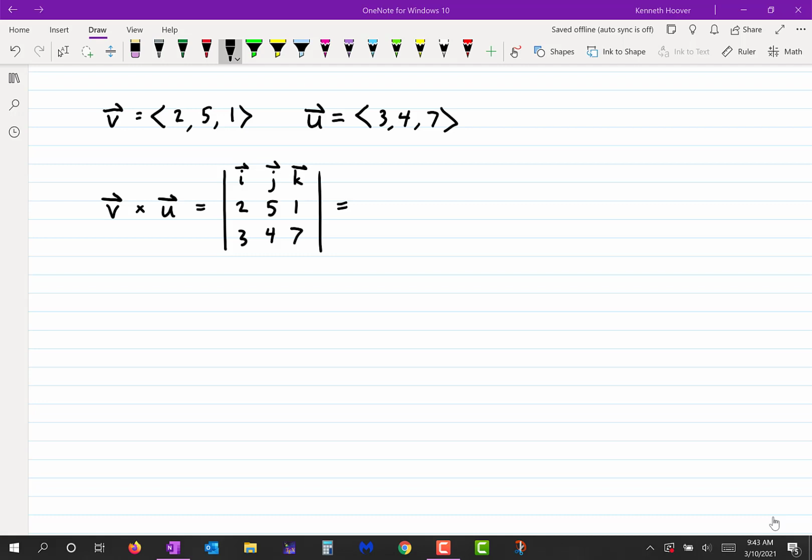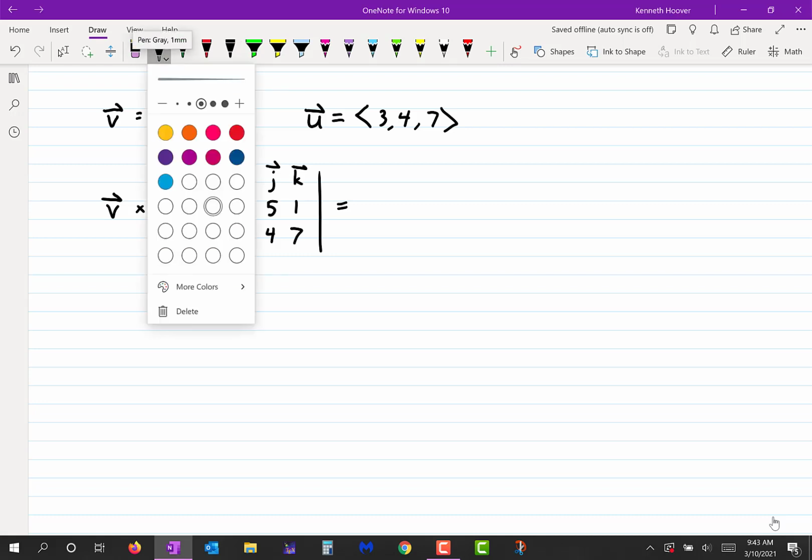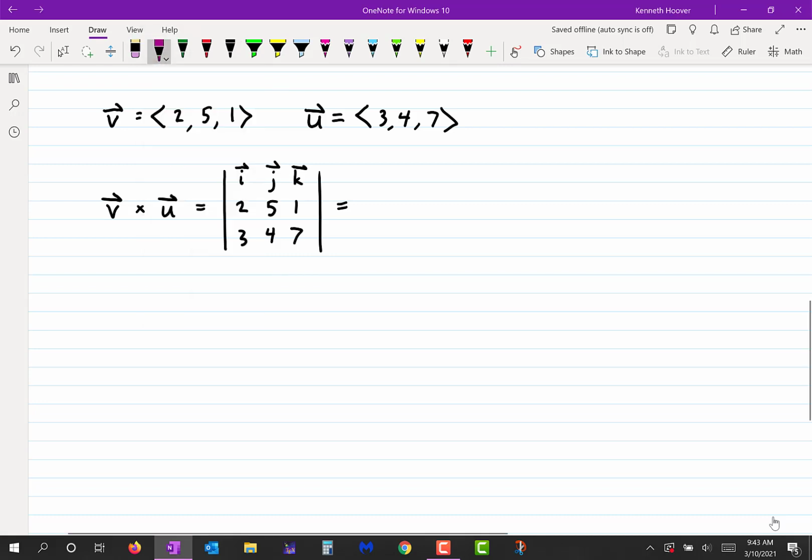So that would be, let me get a different color here, the vector i times the determinant of this corner. I'm going to write that like this: the determinant of 5, 1, 4, 7 times vector i.